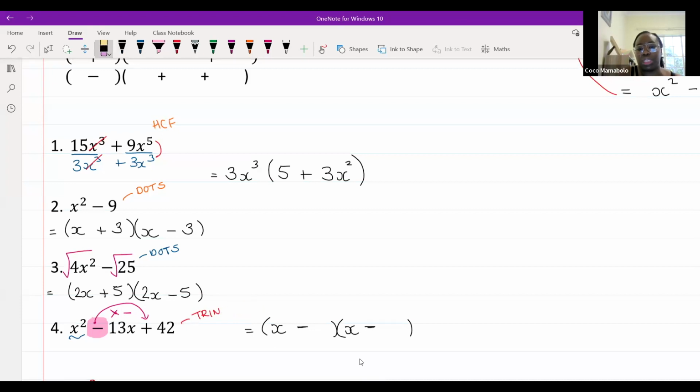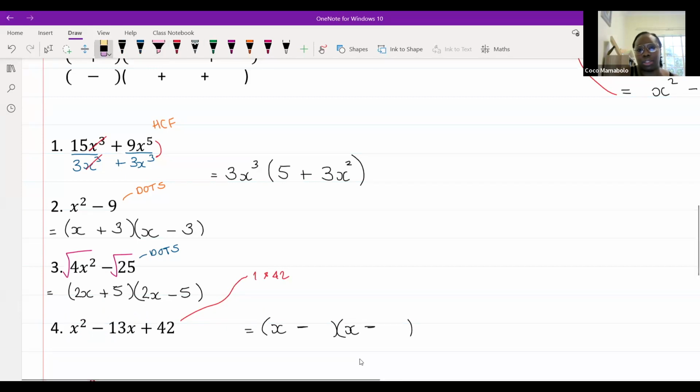Now we have to do the really boring stuff. Let's go and look for the factors of 42. I'll start with the obvious one, and the only reason I'm doing it is because I know it's not the answer. 1 times 42. We know that 1 times 42 is not going to give us minus 13, right? Yes, ma'am. Let's think of other ways to multiply that's going to give us 42.